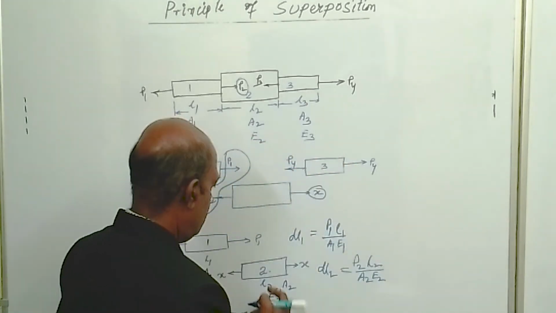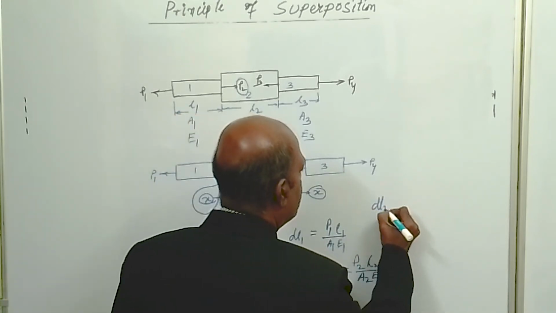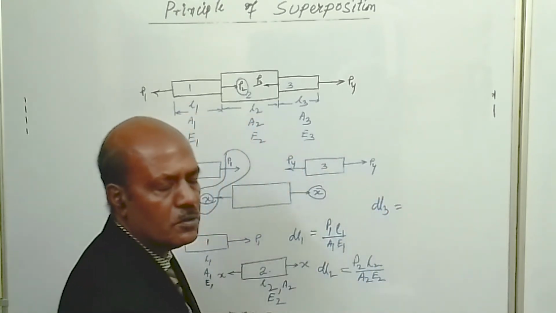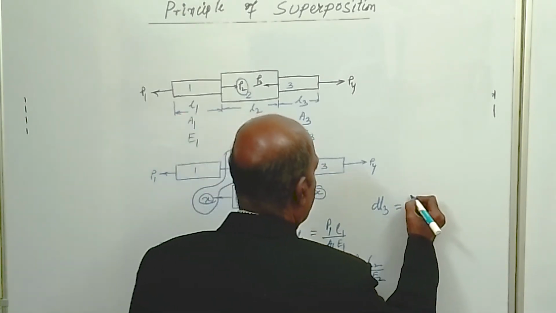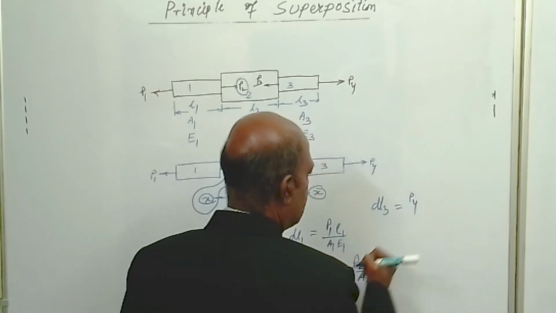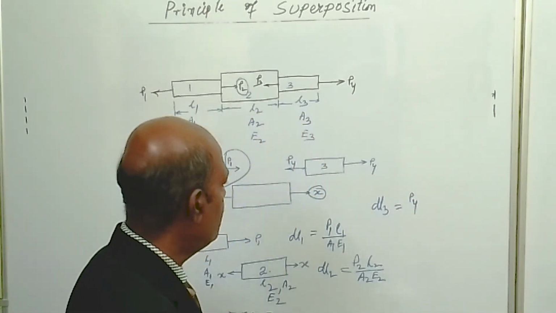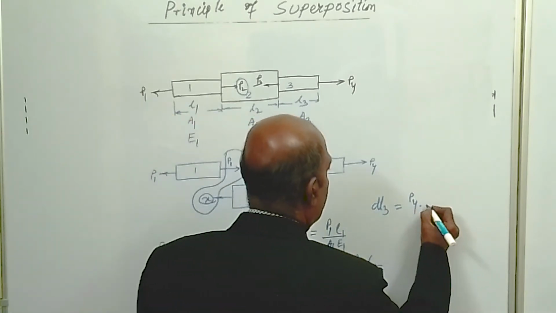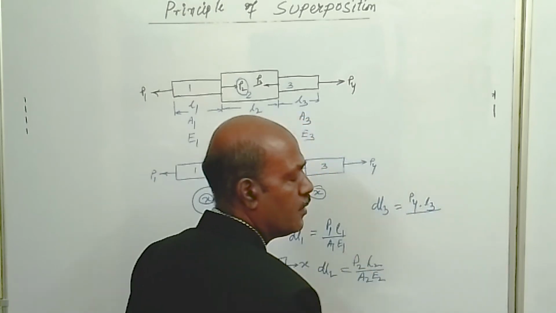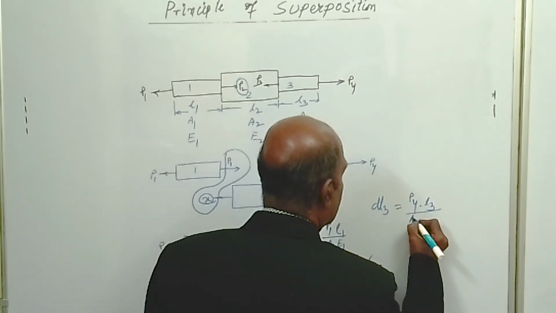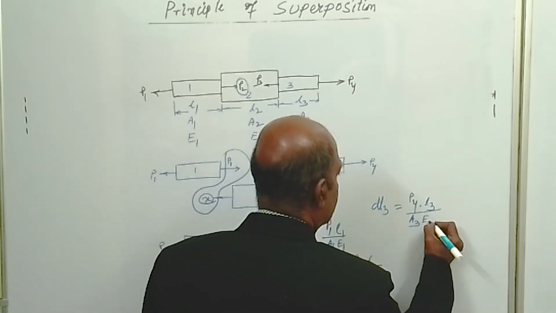In a similar way, dl3, the deformation produced in segment 3, is given by the load acting on segment 3, P4, into the length of segment 3, L3, divided by the cross sectional area A3 into E3.